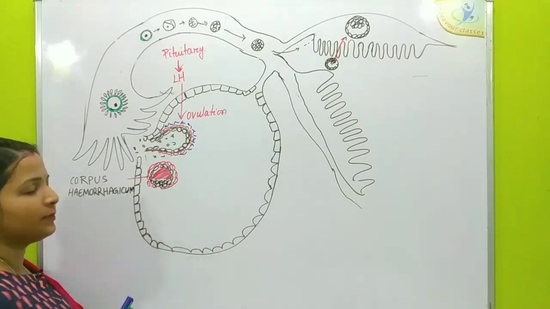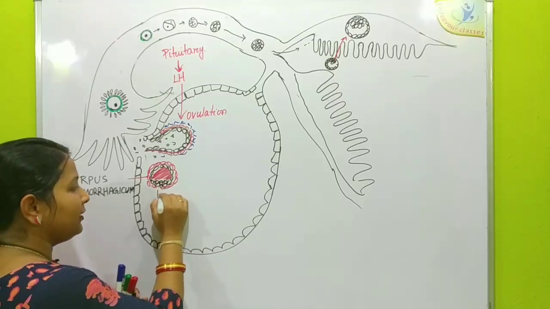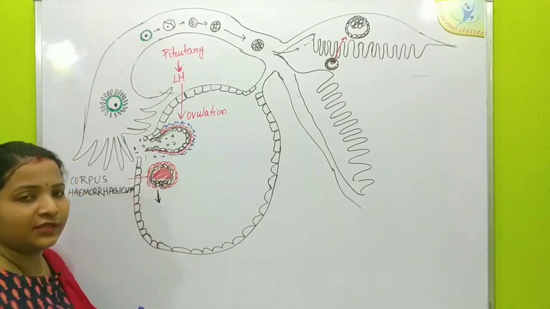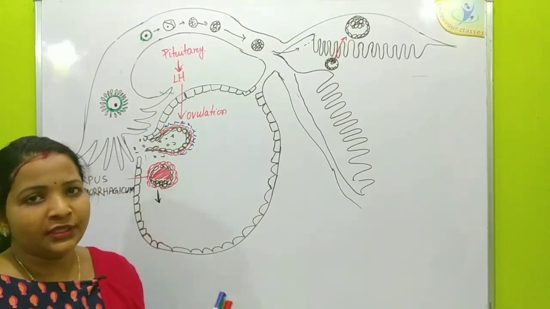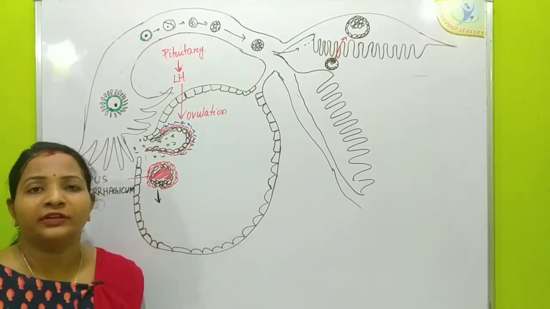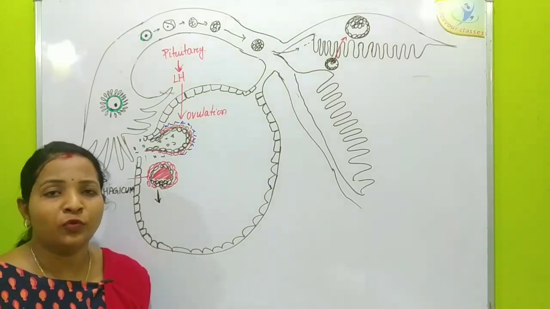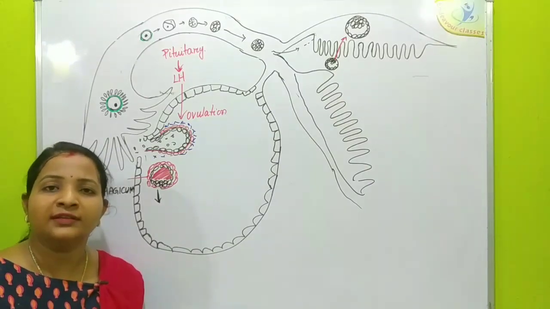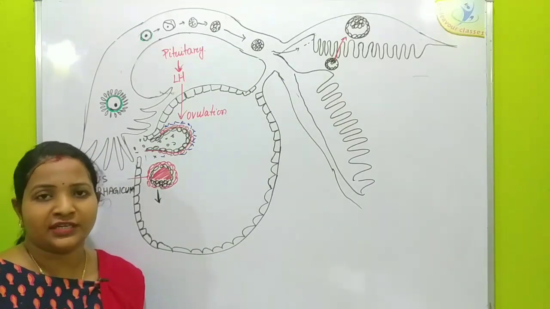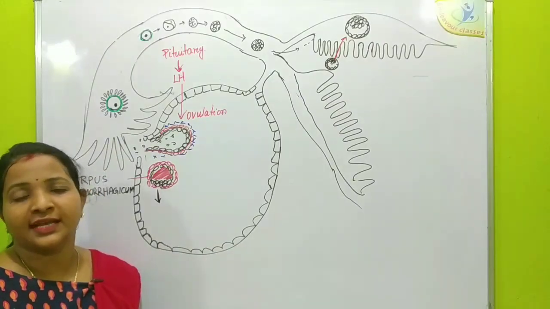So soon after the formation of corpus hemorrhagicum, what happens? The blood cells here are digested by phagocytic cells and removed, and there is rapid proliferation of granulosa cells. One more important event occurs: carotenoids are accumulated inside the granulosa cells and thecal cells.